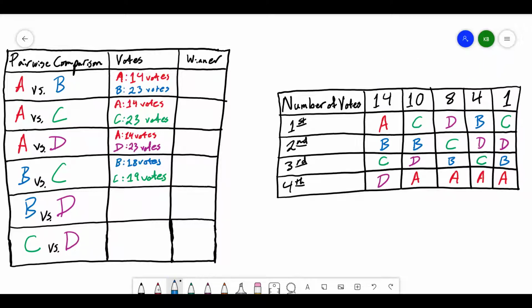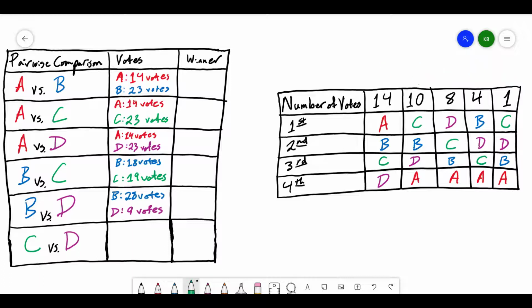Then I'll be comparing B versus D. B comes ahead in the 14 column, the 10 column, and the 4 column. So B here gets 28 votes. And D is ahead in the 8 and 1 columns, giving D 9 votes.